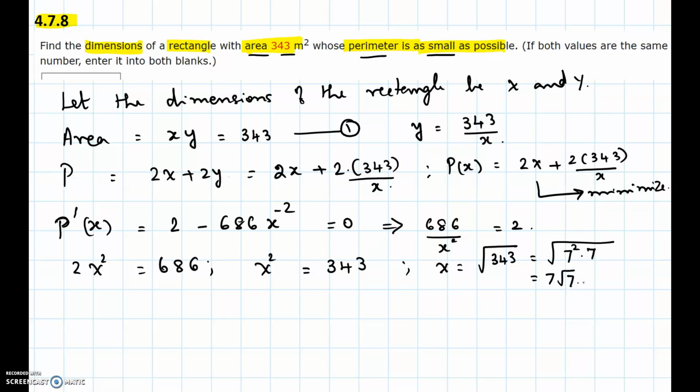That will be the x coordinate. That is the value of x, or the critical number or critical point.